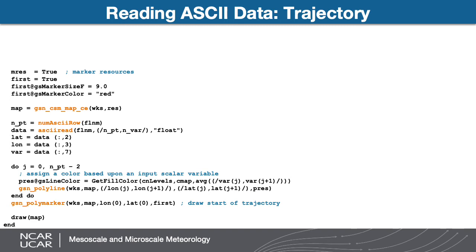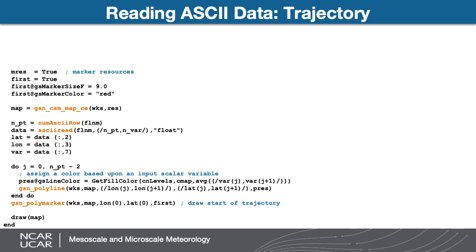We're going to use this function called getFillColor. For all of the levels, what we're trying to do is assign a specific color to the value of the wind. And then we're going to use the function gsn_polyline, which we're going to connect the dots with that specific color. And we're doing this for all of the trajectory points from start to finish.